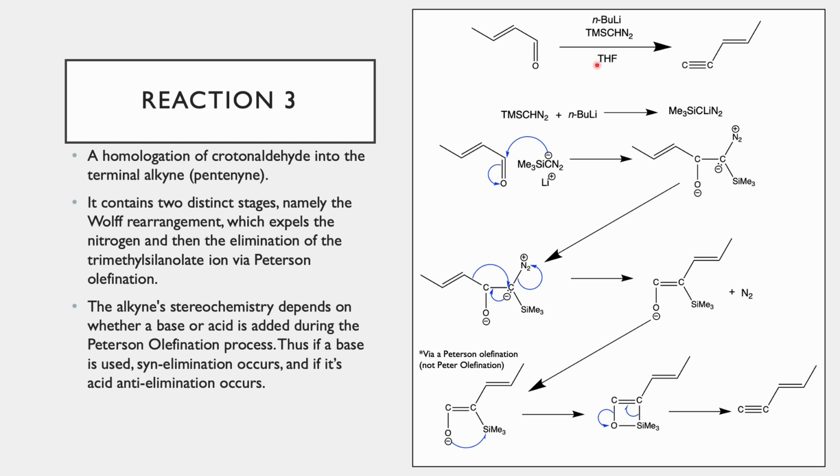Lastly, due to us using a base, syn elimination occurs, which results in the C-O bond breaking, and this means that the trimethylsilanolate is removed from this complex, and the electrons from the carbon-silicon bond are able to form a triple bond, which results in the alkyne production.